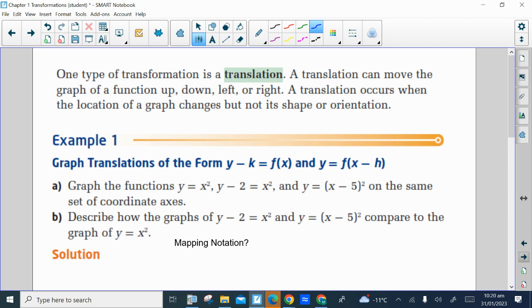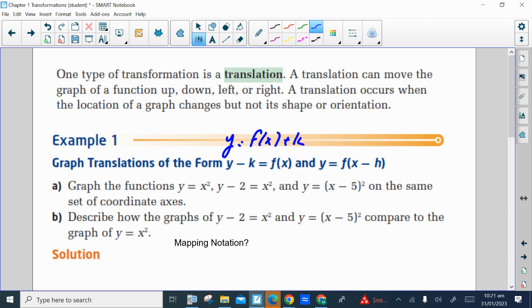So this first example says the graph translations of the form y minus k equals f of x, which is the same as y equals f of x plus k. If you add the k to both sides, that's what it'll look like. We're going to see in most cases we will do this step if it's not already done for us. We will get the y letter by itself. So we're going to see what effect changing k has on a graph, as well as what effect changing h has on a graph.